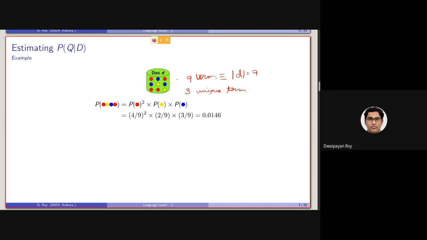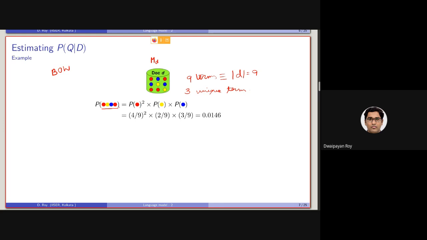Considering this document language model, what is the generation probability of this query that we will be computing? Note that, again, this is a bag of words approach.